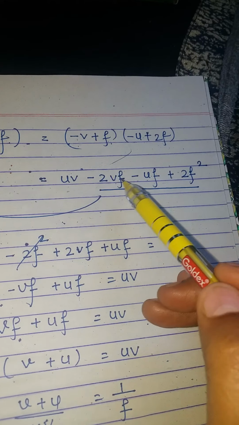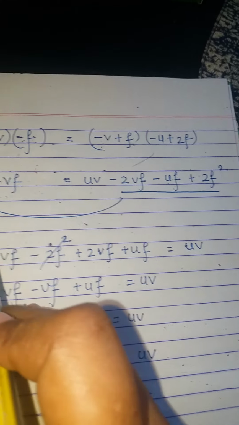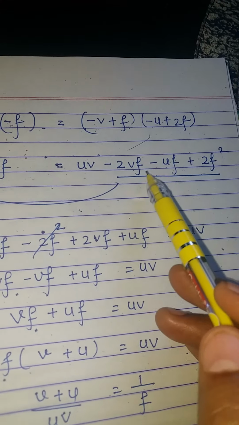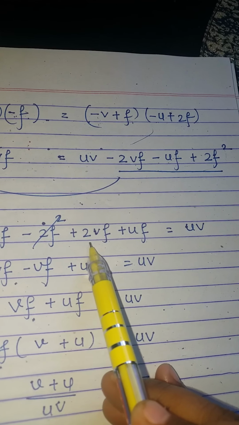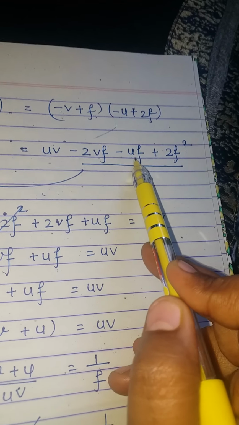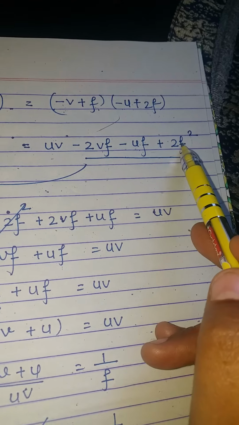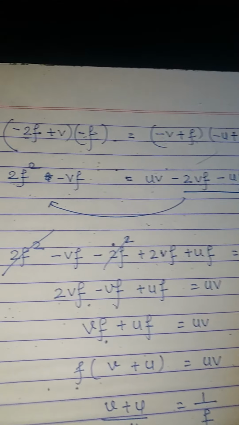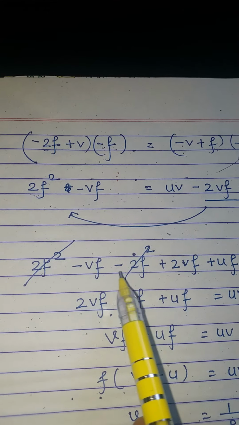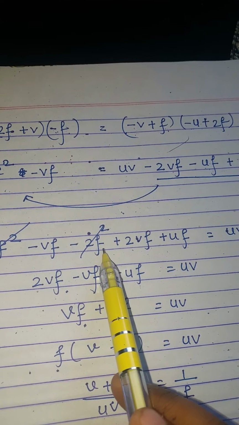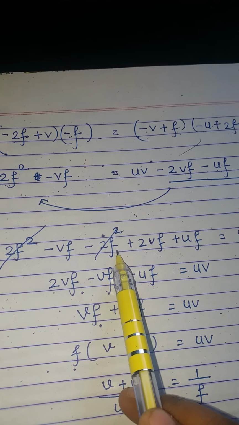Now what I will do, I'll take all these three terms over this side. So minus 2vf will become plus, minus uf will become plus uf, and plus 2f square will become minus 2f square. 2f square and minus 2f square will get cancelled.